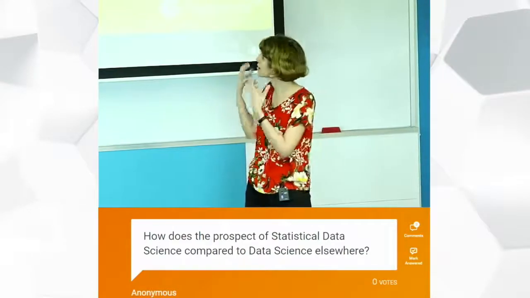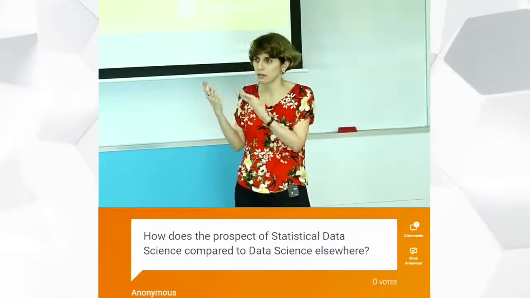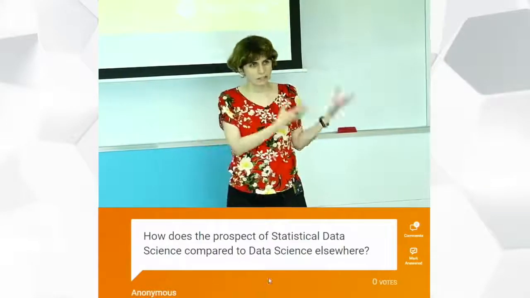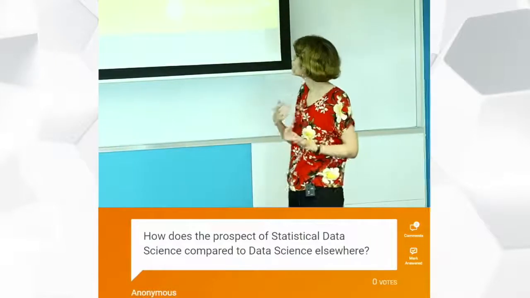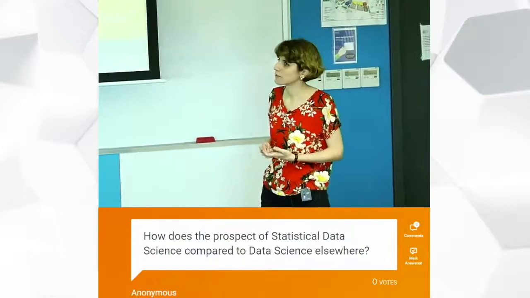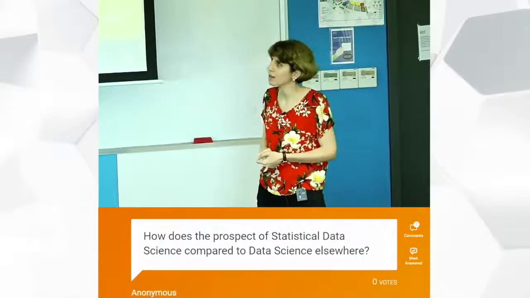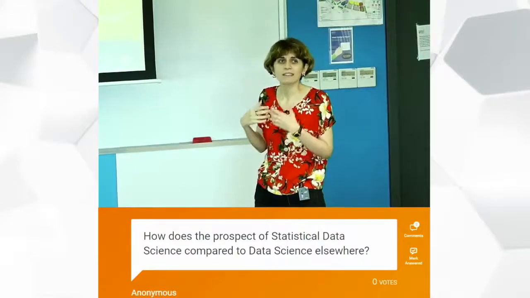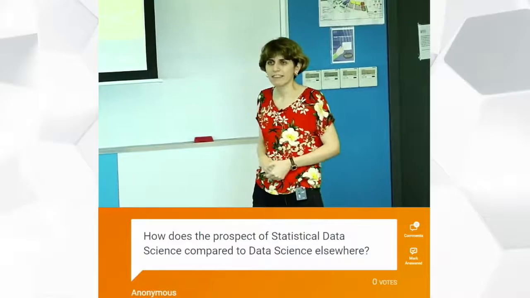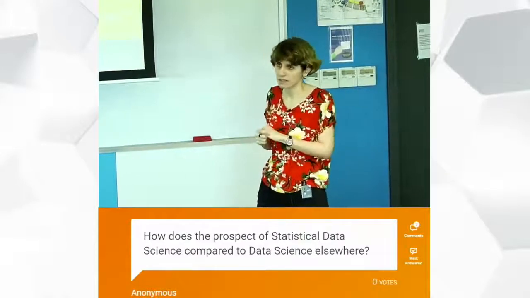This is the reason that we have statistical data science, because we believe that if students want to be able to build models, they need to have this knowledge. So that's the difference, and the prospect is different. If you want to work in the computer industry, data science is a better option. In fact, this is the program that we're going to offer in the future, which is data sciences, and this is more about computer science. But we're going to introduce more options related to computer science as well.